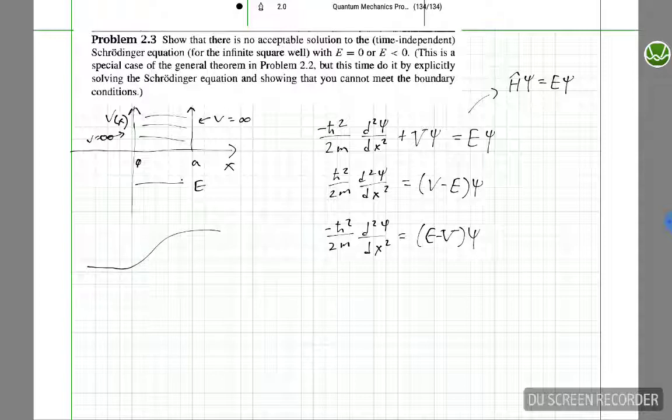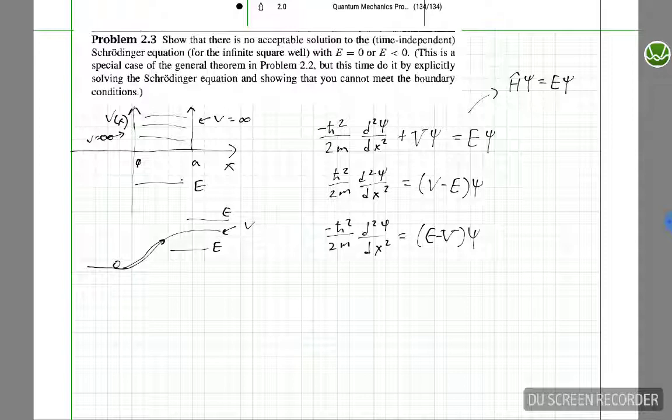Analogously, this is kind of like problem 2.2, like kicking the ball up the hill, showing that the energy level has to be up here. It can't be below the potential energy line, if we were to draw that in an energy landscape sort of graph.